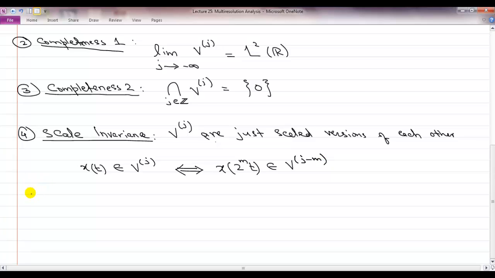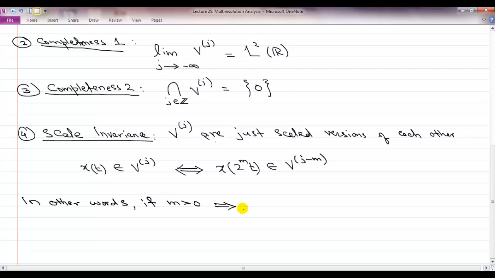To understand it better, we can talk about two cases. The first one is m bigger than 0. If m is bigger than 0, then what are we doing to x of t? We are compressing it. We are making effectively a finer version of the original signal.